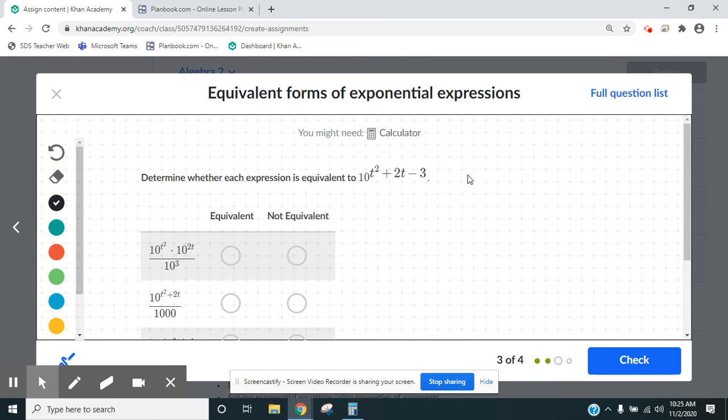This one. This is saying 10 to the t squared. Because of this plus, what do we do with exponents? If we're adding exponents, what happened? Yeah, they're multiplying. That's 10 to the 2t. And if it says subtract, what are we doing? Dividing.